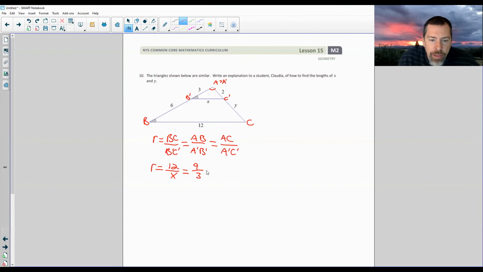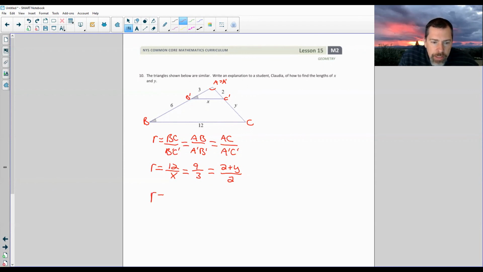No, it is not. It's a 3-to-1. Equal to AC. AC is, now be careful again, 2 plus Y, not 2 times Y. Most common mistake there is multiplying. We do not multiply pieces to get wholes. We add them. 2 plus this Y equals the whole thing, 2 plus Y. Divided by A prime C prime, which is just this 2. Okay? So be very careful setting this one up.